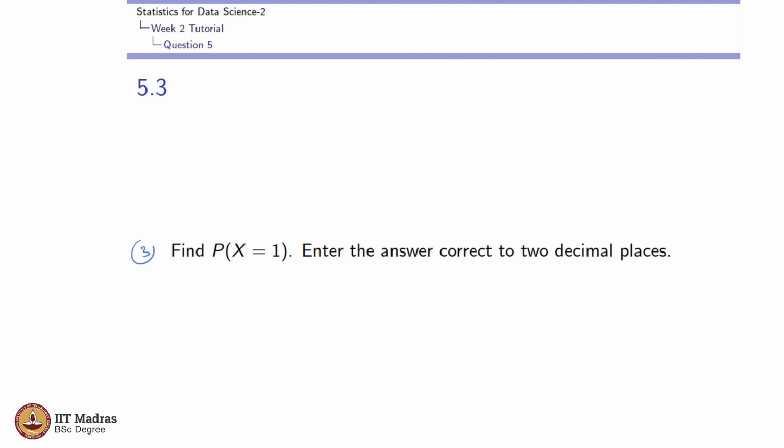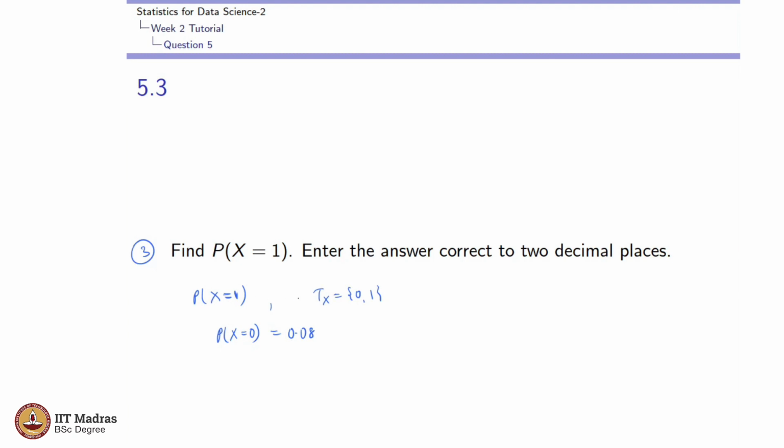Now the third part of the question is to find P of X equals 1. We know that the range of X is 0, 1, and we have already found in the previous question that probability X equals 0 is 0.08.